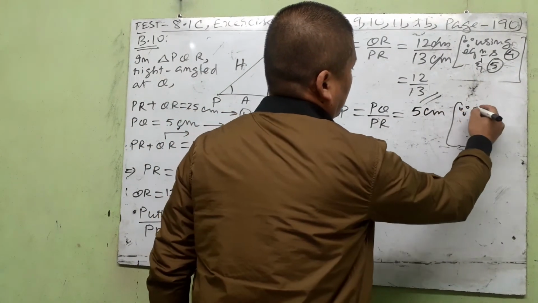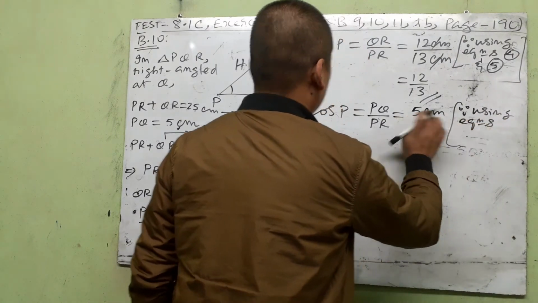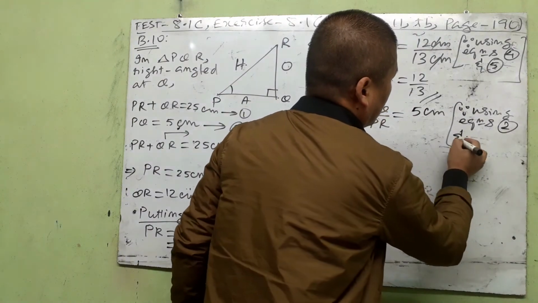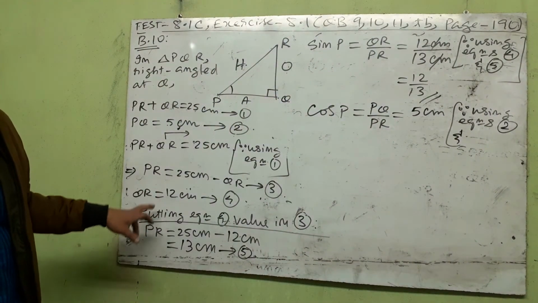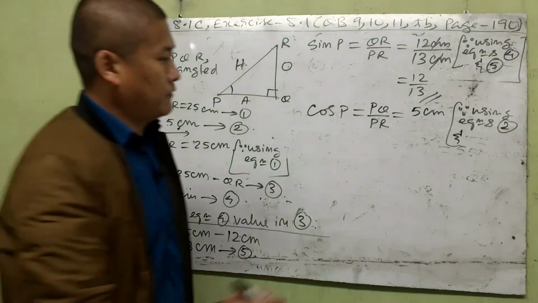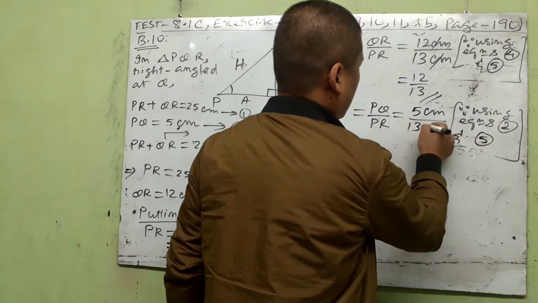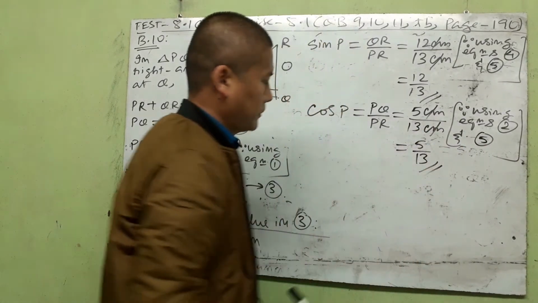Since using equations, PQ equal to 5 centimeter is in equation 2, and PR, as you can see here, is equal to 13, which you found from equation 5. So this is right here 5, and here cancel these two, so your answer is 5 by 13, second answer.